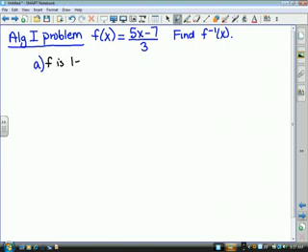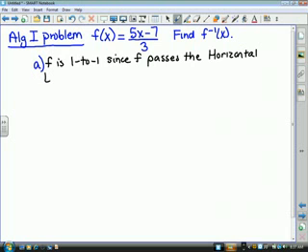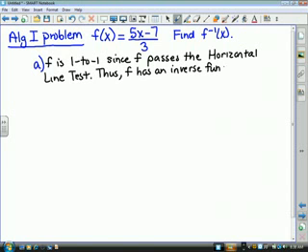The A part is f is 1-to-1 since f passes the horizontal line test. Thus, f has an inverse function.